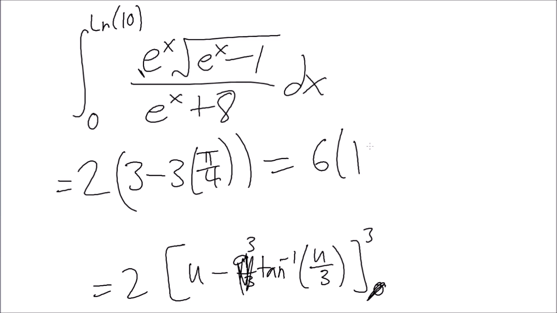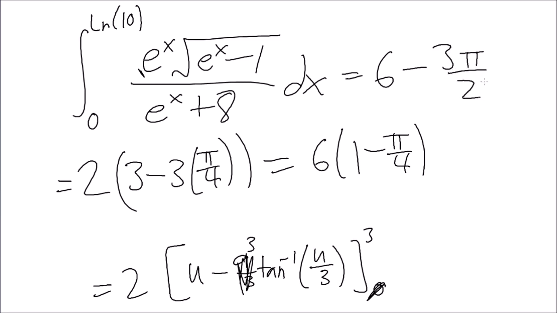So this is 6, 1 minus pi over 4, pretty much. And then if you simplify even further, this becomes 6 minus 3 pi over 2, I believe? Yeah. So this is 6 minus 3 pi over 2, and that would be my answer.